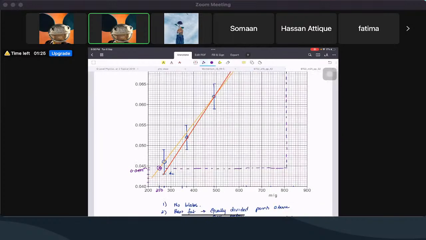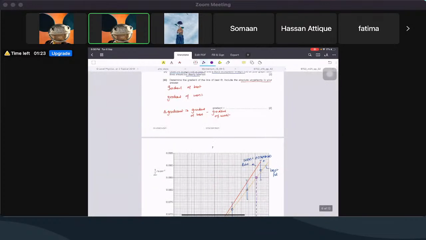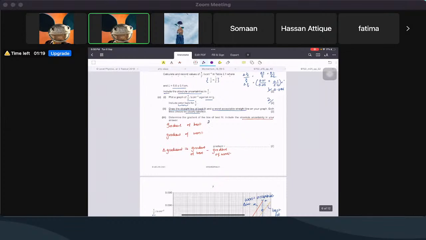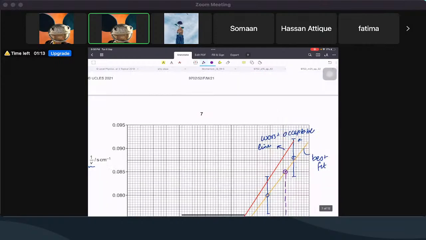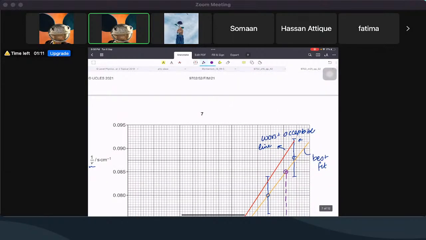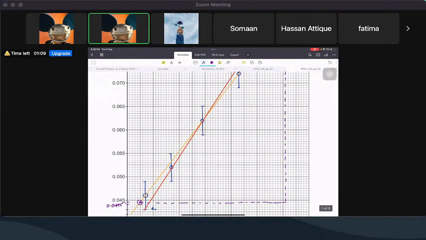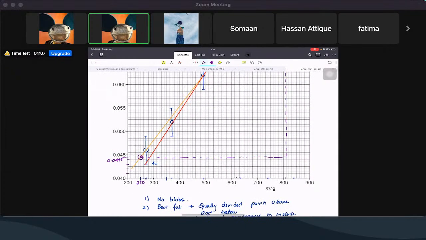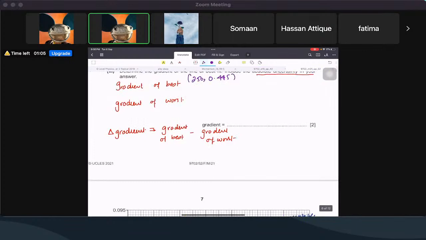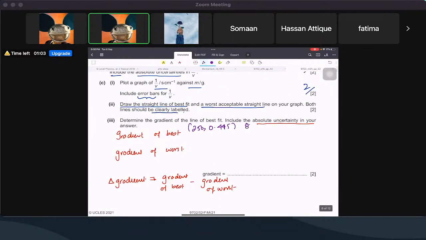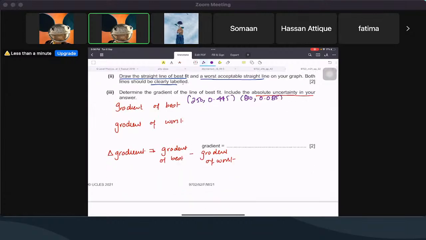So I'm going to write one of my points as 250 and 0.445, and the other point I took was basically this one, which is 0.085, and this is 810. So the other point is 810 and 0.085, like this, and you can see that right here.